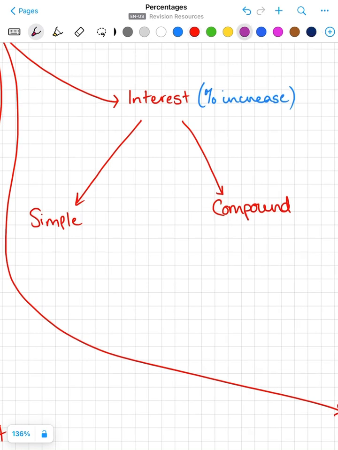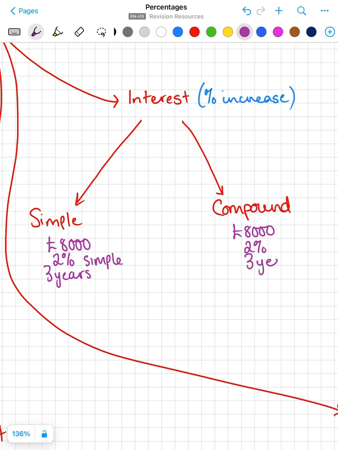Now, in terms of interest, we have got two types of interest. We have got simple interest and we have got compound interest. Now, with simple interest, let's take this example. We've got £8,000 in a bank account and we get 2% simple interest, and we keep it in the account for 3 years.